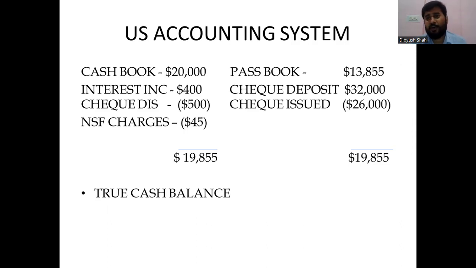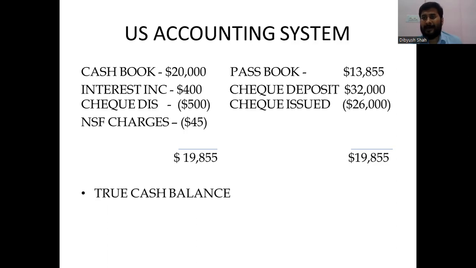The bank statement has already been debited. That means the bank has already reduced your balance. You did not know of this. Now you know. Reduce this from your cash book balance, $500. Along with it, the dishonor charges, $45. And you arrive on the left-hand side at a figure of 19,855.